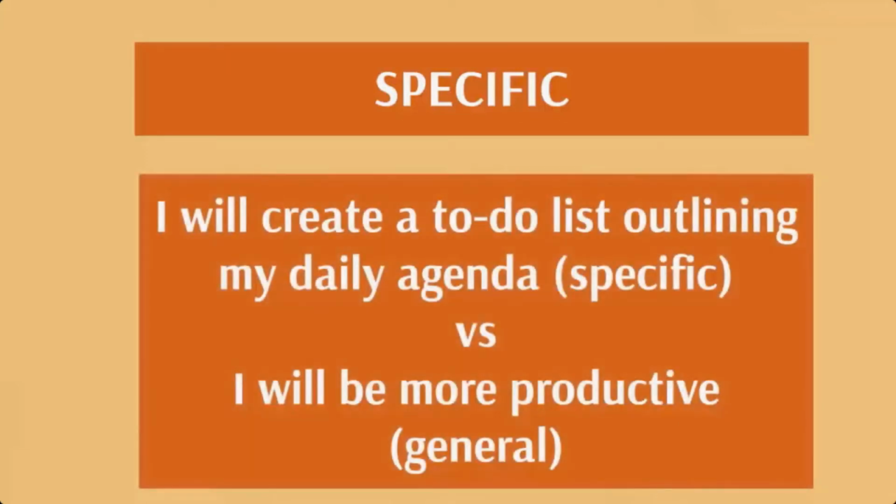So we need to take a look at specific and general. What are the differences between these two, so that we know that the to-do list that we are creating is specific? So what I want you to think is, I will create a to-do list outlining my daily agenda. Like I said earlier, you really want to break it down into specifics, not just career and business, but personal.